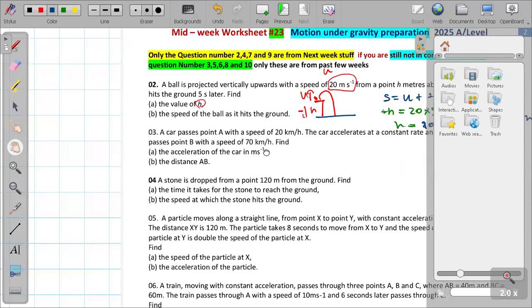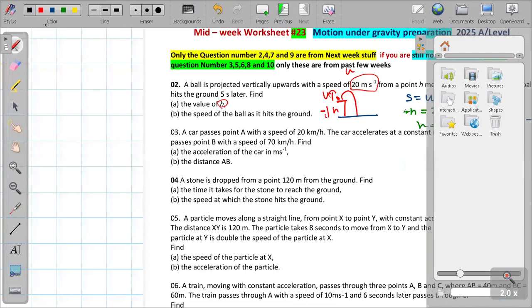Speed of the ball just as it hit the ground. We have to write like this way. V, I don't know. U, I know. A, I know.